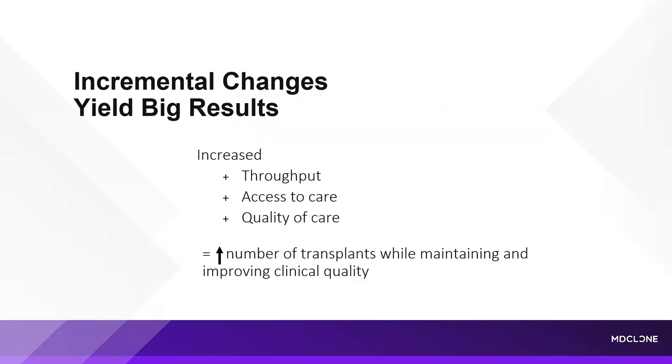The big takeaway here is that service lines operate with leadership that have a lot of experience, but when you couple that with data, it can create powerful insight that will inform decision making. And so, again, the result was that we increased the rate at which transplants were being scheduled and thus increased access to the transplant program, maintained and increased quality of care, and increased the throughput of the program.